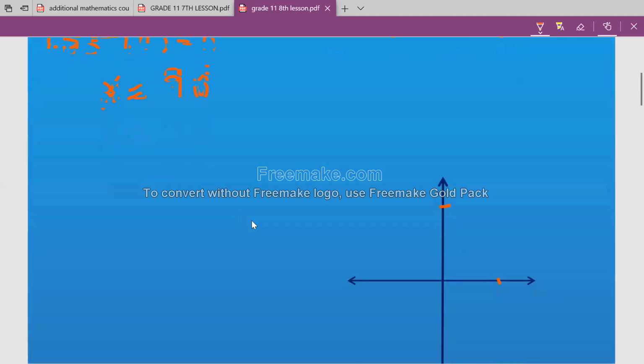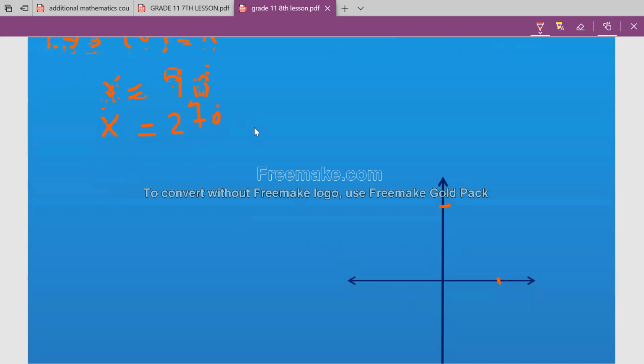And where do we have one more cosine value at 0, between 0 and 360? It's at 270. 270 also will give us cosine 0.